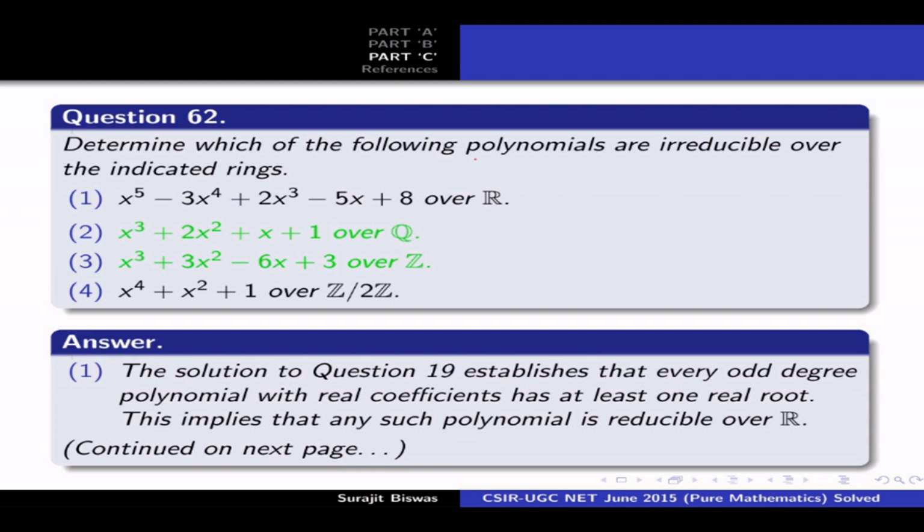Determine which of the following polynomials are irreducible over the indicated rings. The first one is x^5 - 3x^4 + 2x^3 - 5x + 8 over R. The solution to question 19 establishes that every odd degree polynomial with real coefficients has at least one real root.